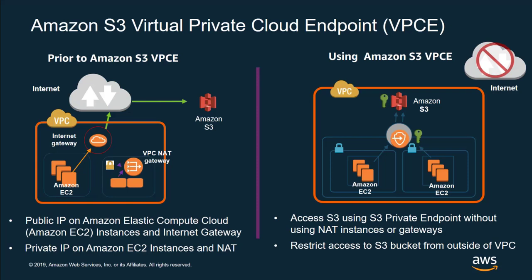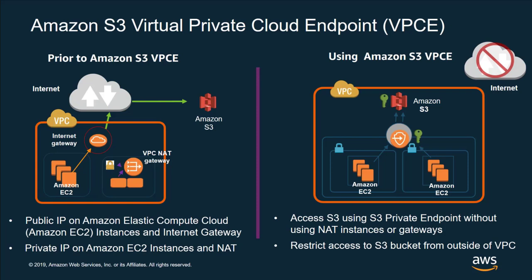You establish the VPC endpoint in the VPC, and like I said before, it accesses S3 over the AWS private network, and then you create an endpoint policy. What you do with the endpoint policy is say, for this VPC, I only want to access my company-owned S3 buckets. So in the VPC endpoint policy, you list the bucket names that you want to restrict access to.